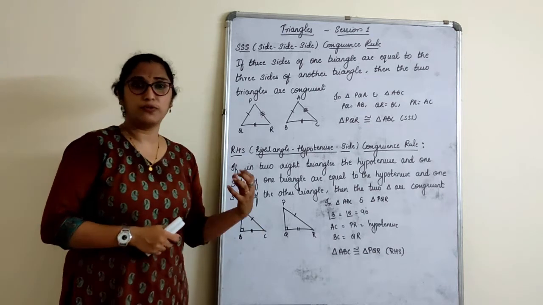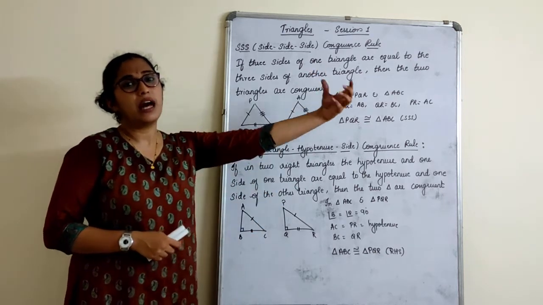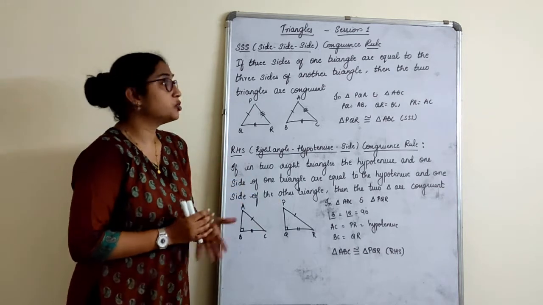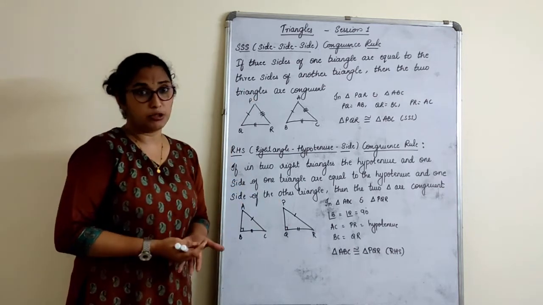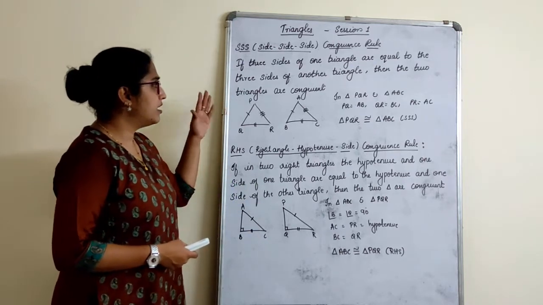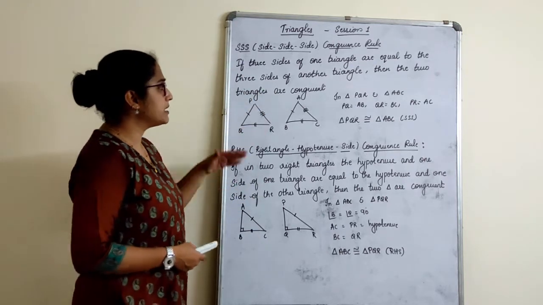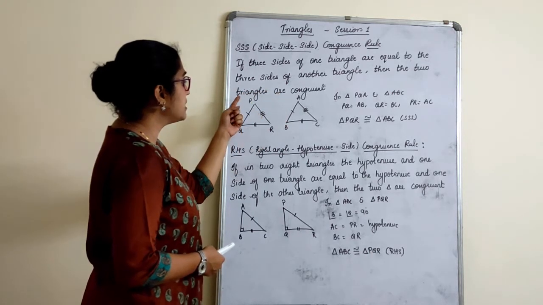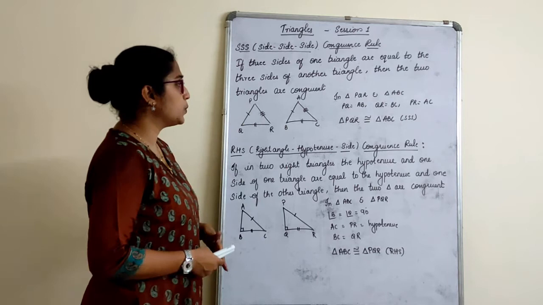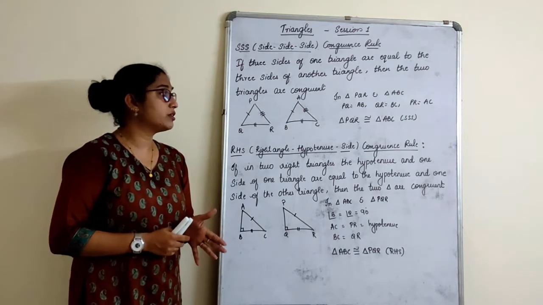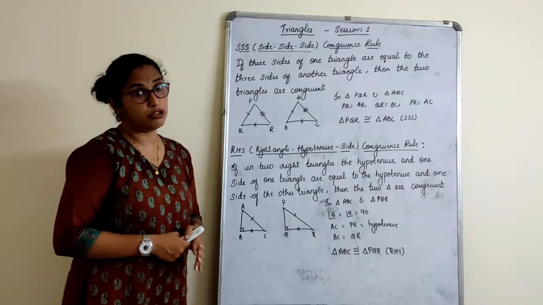If three sides of one triangle are equal to the three sides of the other triangle, then the two triangles are said to be congruent by the SSS congruence rule. Very simple, three sides you have to prove. In triangles PQR and ABC, PQ is equal to AB, QR is equal to BC, and PR is equal to AC. Then triangle PQR is equal and congruent to triangle ABC by the triple S congruence rule.